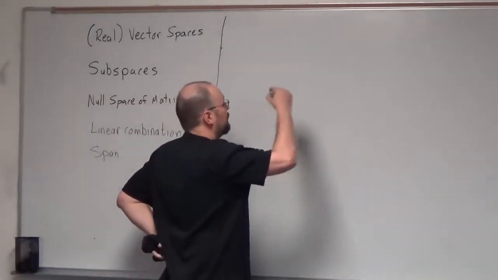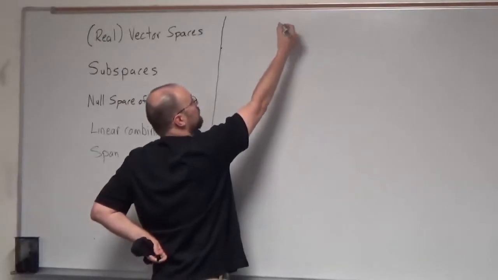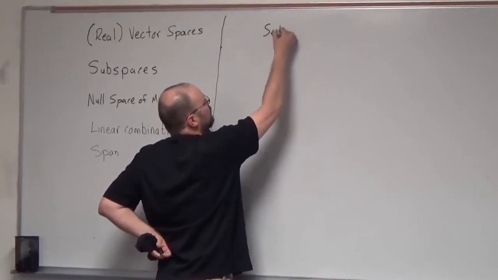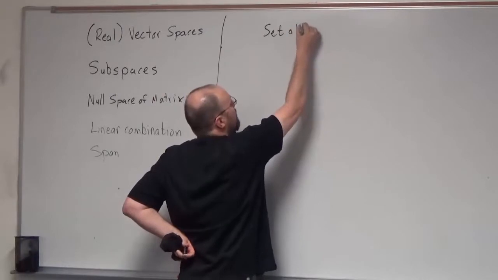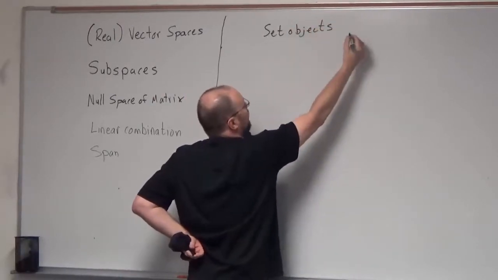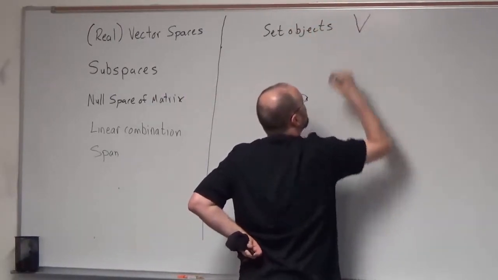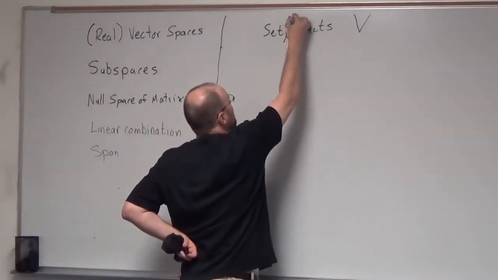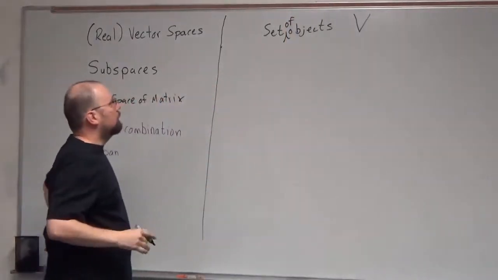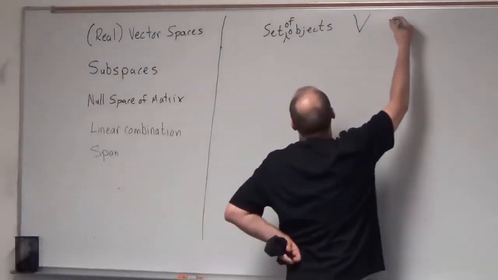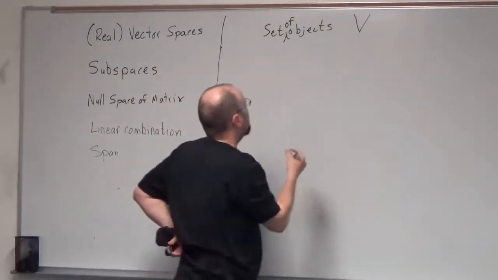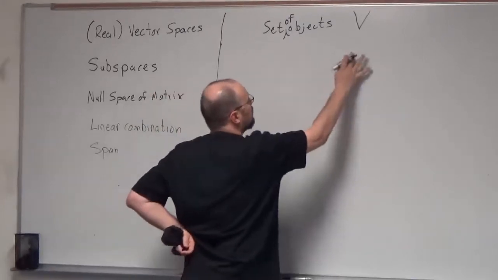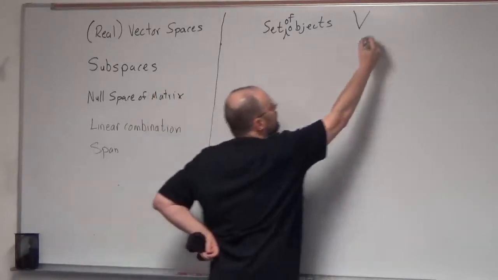So a vector space is going to be a set of objects, and that collection of objects we call V. For this set of objects, we define addition.